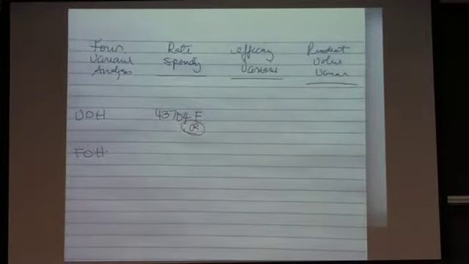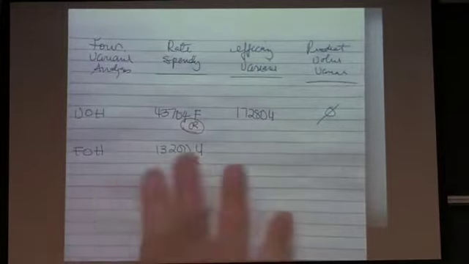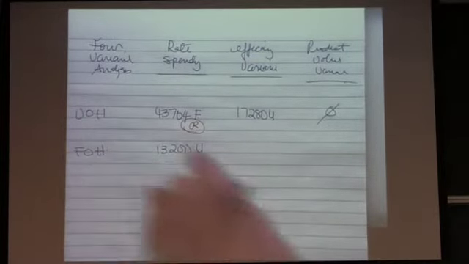And what about fixed overhead? What was our spending variance for fixed? It was 13,200 unfavorable, so we know this is a debit. Efficiency, if I look at the variable overhead, it was 17,280 unfavorable, and there's never a variance for product volume for variable overhead.